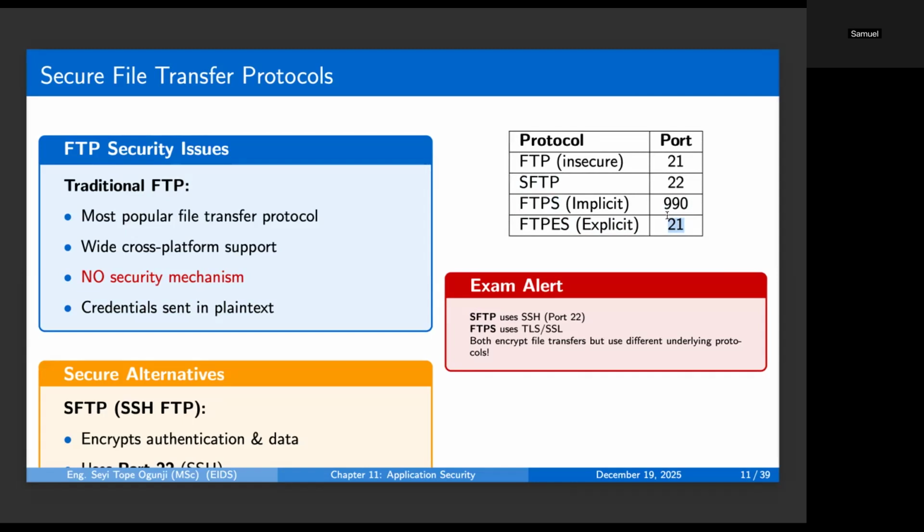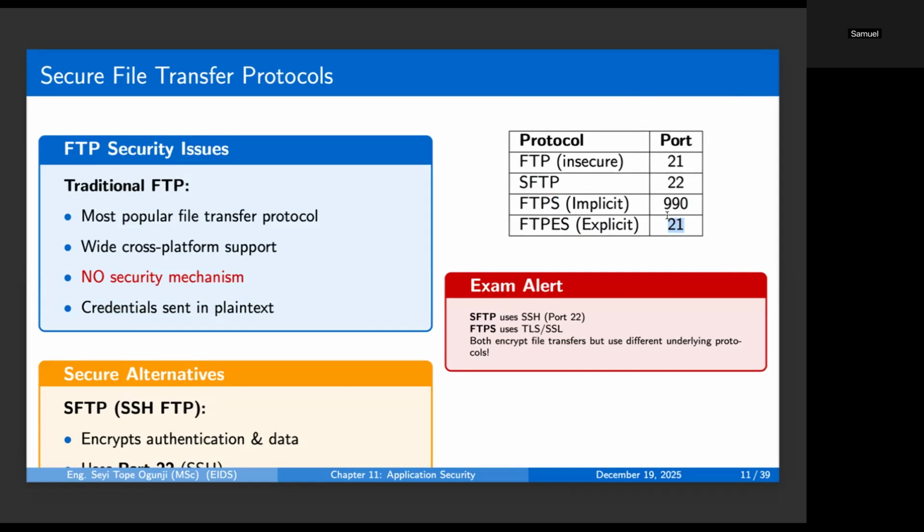So what we just need to know is FTP uses port 21 and it is not secure. SFTP, that's secure shell file transfer protocol, uses port 22 and it is secure. Then FTPS, that's file transfer protocol security, is when you add TLS or SSL to it.